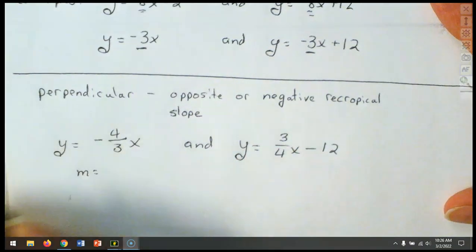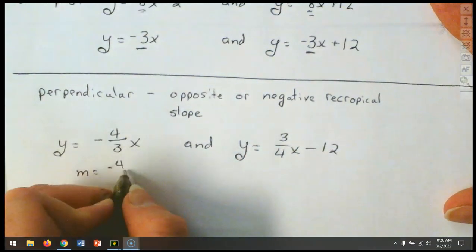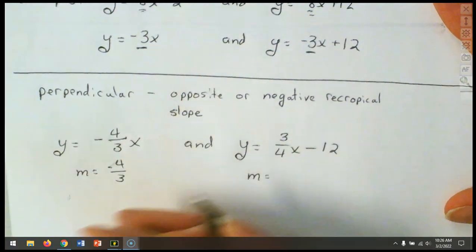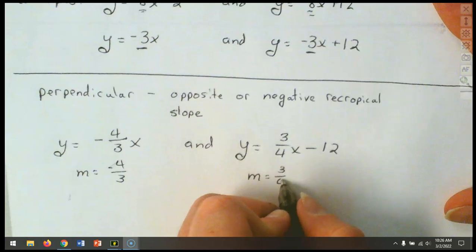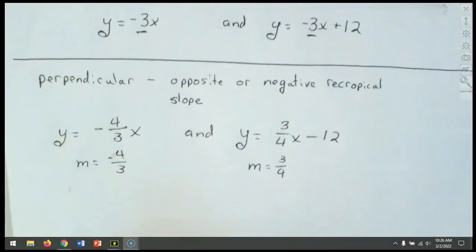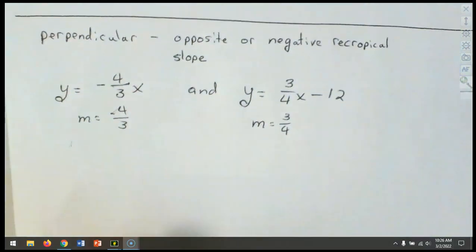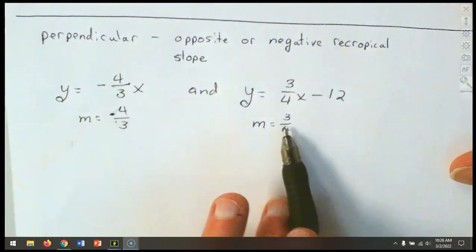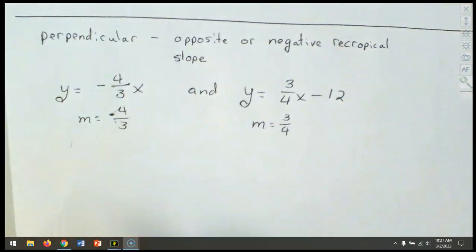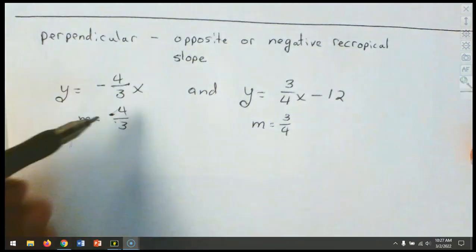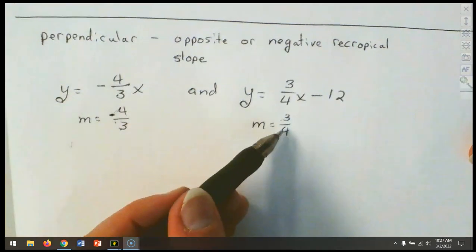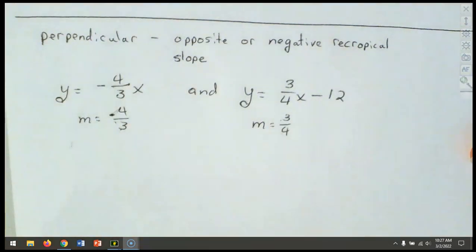This one on the left has a slope of negative 4/3. This one has a slope of 3/4. Why would they be perpendicular? Because they're negative or opposite in signs. So they are opposite in signs, and they're also flipped over. So this one has a 4/3. We flip it over, what do we get? 3/4. One is positive, one is negative.